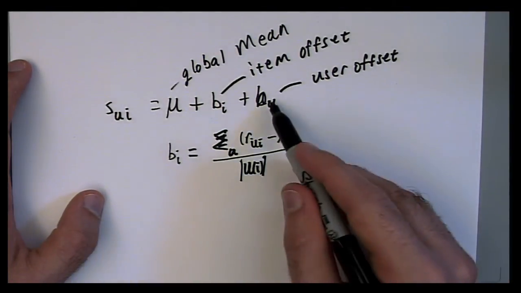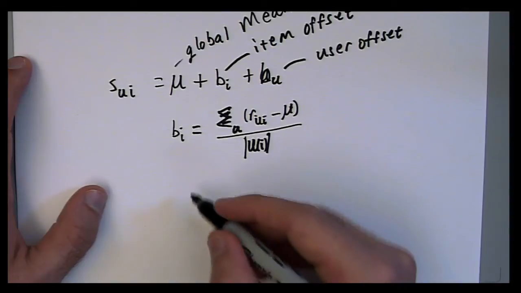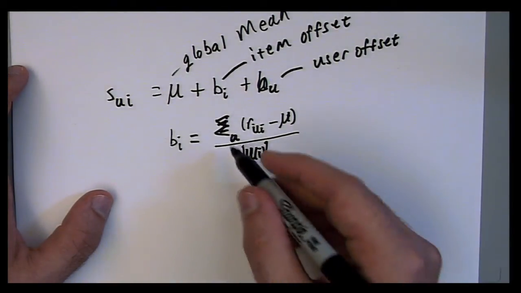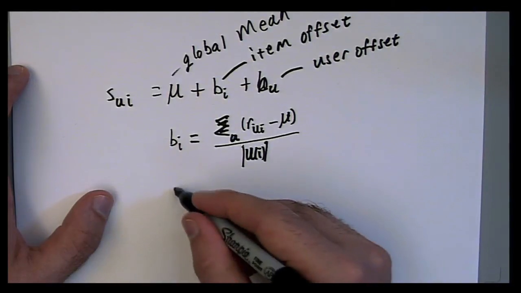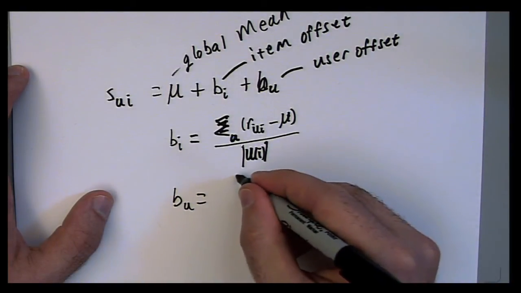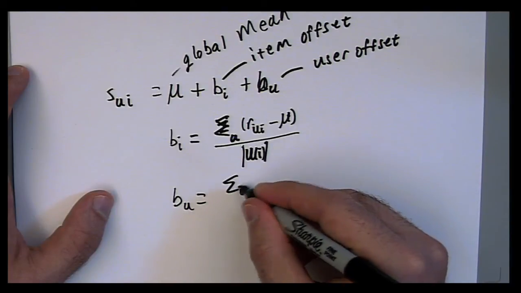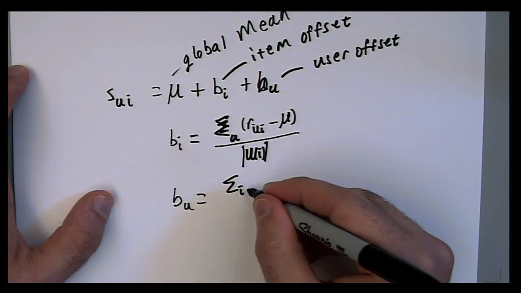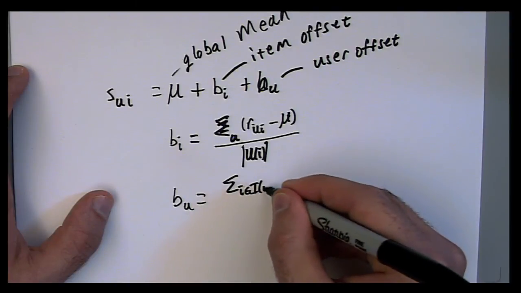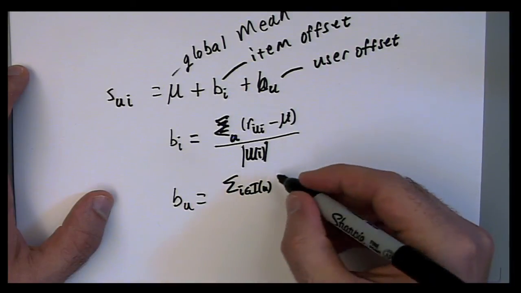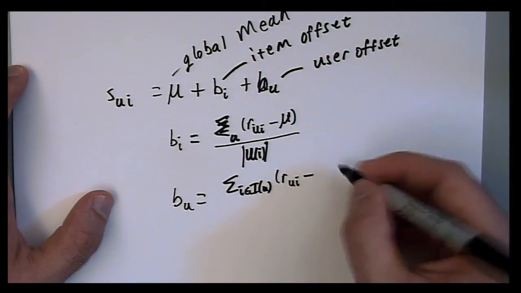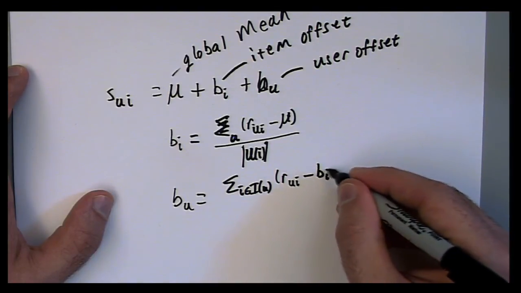The user baseline, the user score, is basically the same thing for users: over each item the user has rated, the user's rating minus that item's baseline.